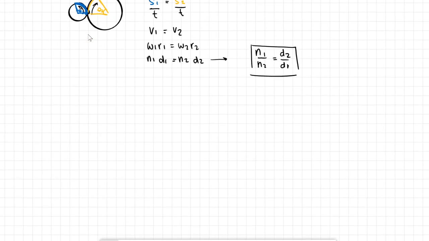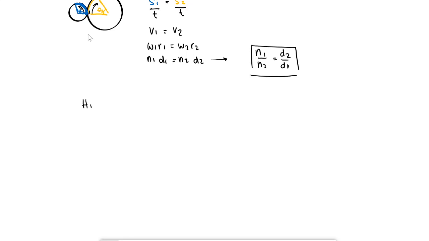And then the third one is that if we assume that the powers are the same from one gear to the other, so that they're 100% efficient, t1 omega 1 is equal to t2 omega 2. Again, just by changing omegas to revolutions per minute, we get this relationship where t1 over t2 is equal to n2 over n1.